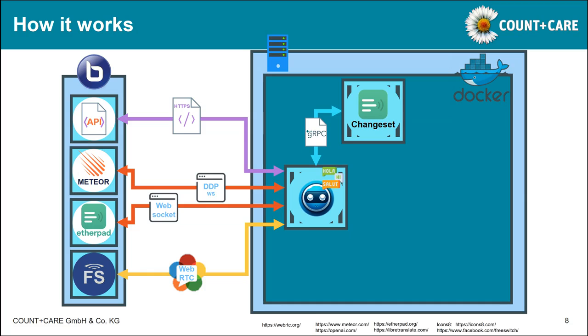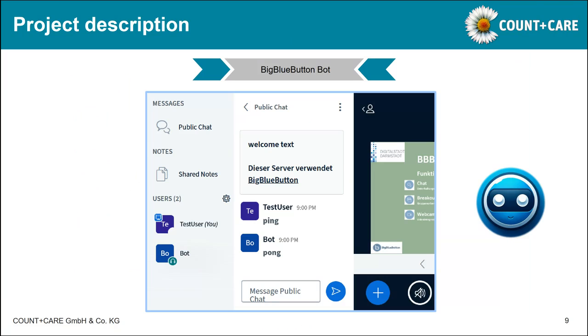And that's almost everything I need to use all functionality as a normal user in BigBlueButton. I can maybe show it to you later. And now I have this small functionality of writing ping, and the bot answers with pong.